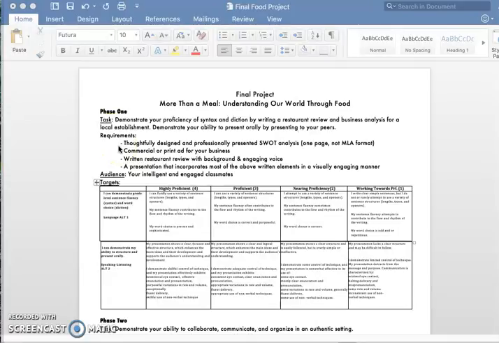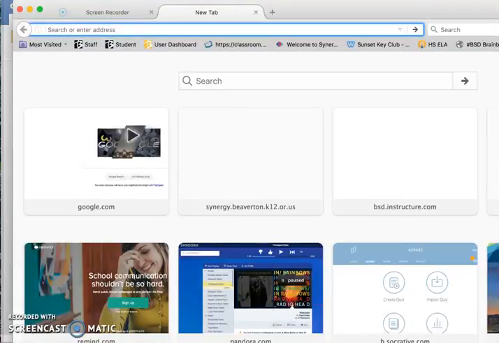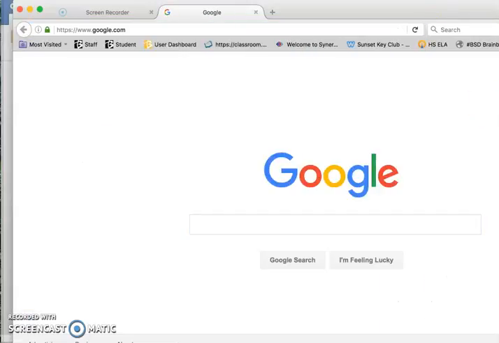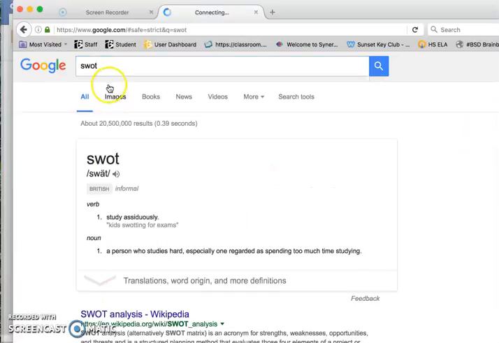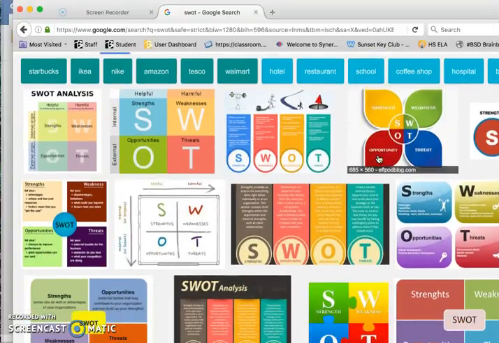This is one page, and this should be aesthetically pleasing. It should look nice visually. It will not be like a block of text like in MLA format like we usually turn in for this class. In fact, I hope that you use your imagination and your creativity, but if you want to see some examples, you can look for SWOT analysis on Google, and these are some ways that you can complete a SWOT analysis.